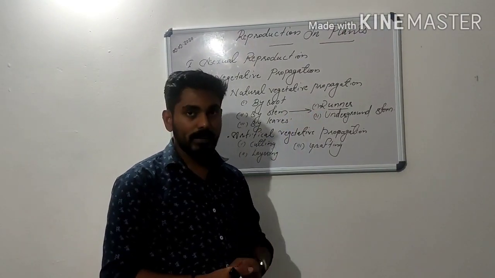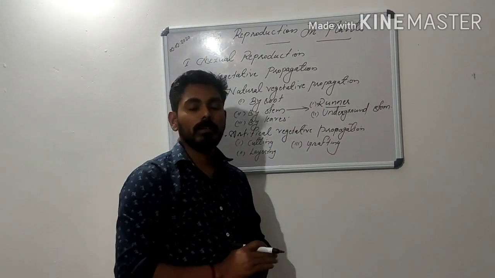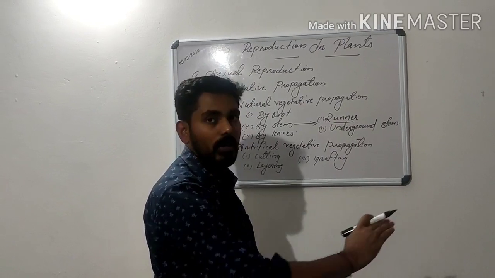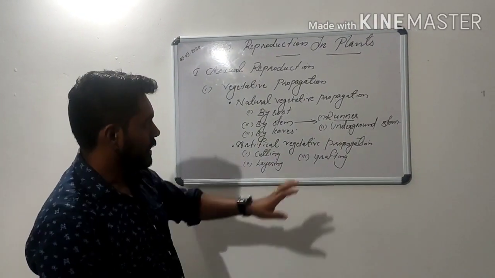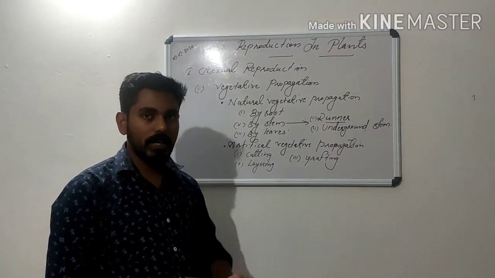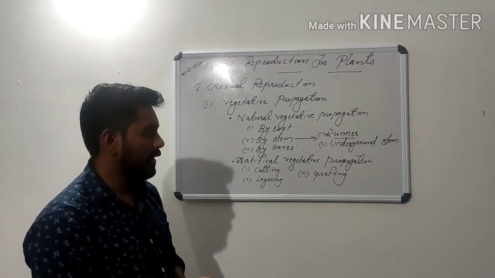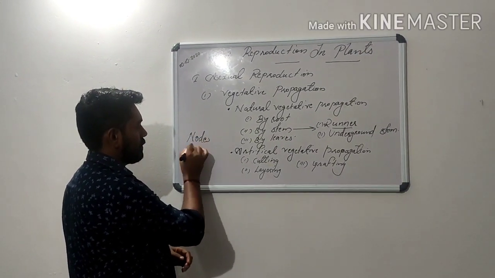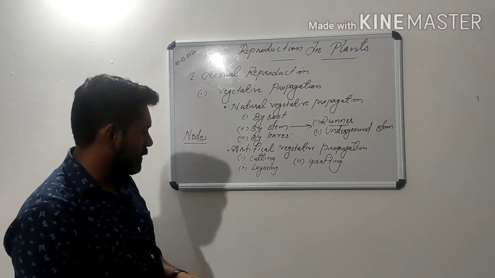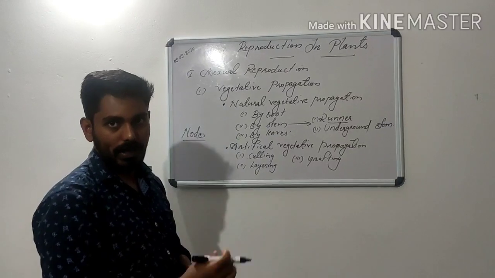In a runner, the stem grows along the ground horizontally. When it grows horizontally, at regular intervals along the stem there is a point called a node. From the nodes, new plants arise and grow into another plant.